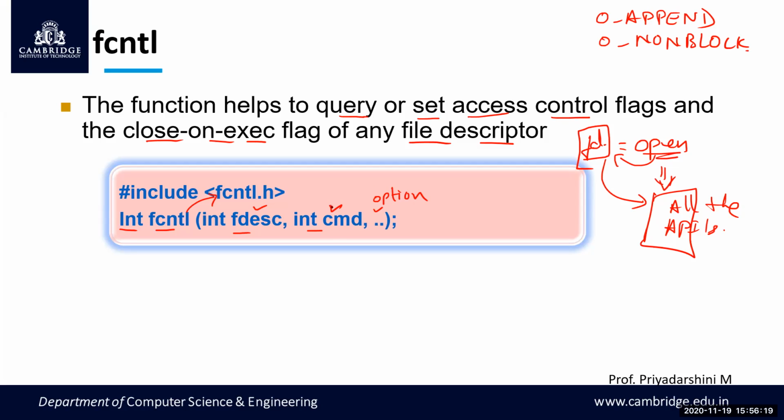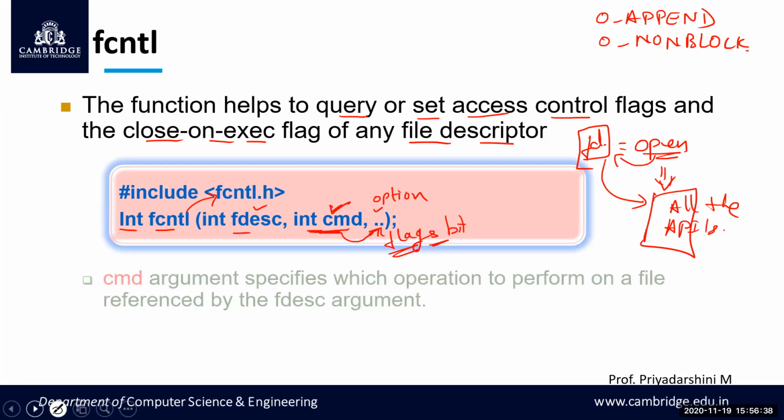And the second argument is a command. So we will see what the command argument is. Based on the command argument, I will have an option to enter the third argument, which is nothing but setting the flags or flag bits. So let's see the options of the second and third arguments.